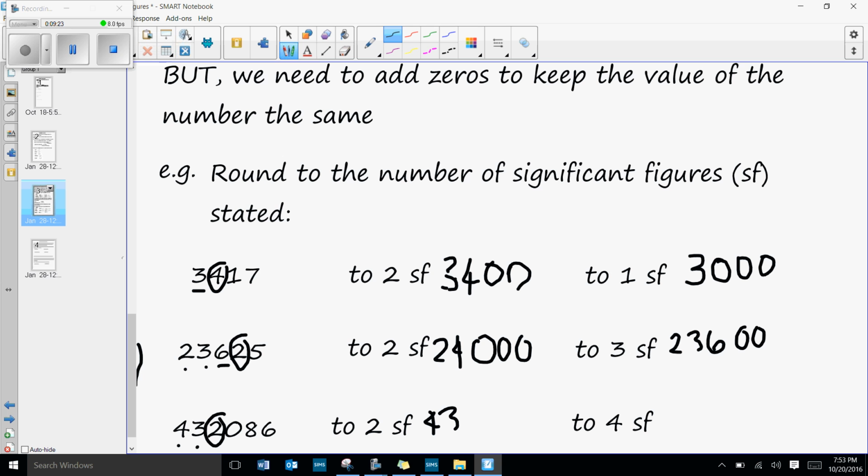This time we need 4 zeros. And my final example, 1, 2, 3, 4. Look to the right. It's an 8, so it becomes 4, 3, 2, 1, and then we need 2 zeros as placeholders.